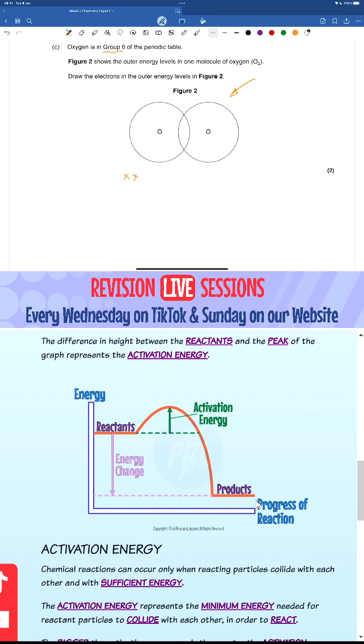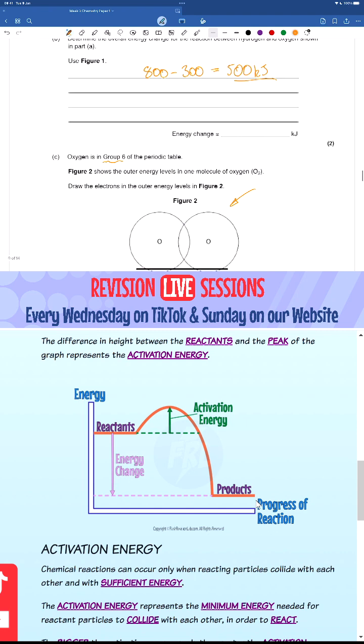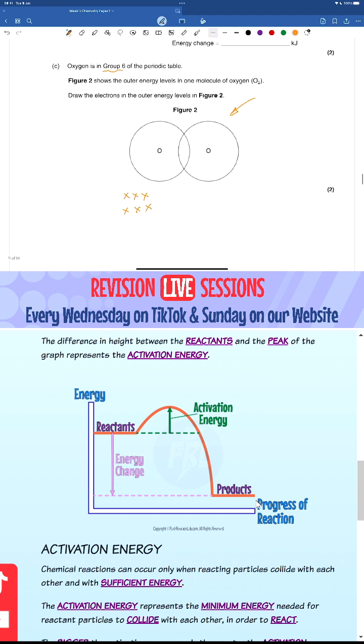So let's represent that with 6 crosses and 6 circles. So the whole aim of this is to let each of these have a full outer shell.